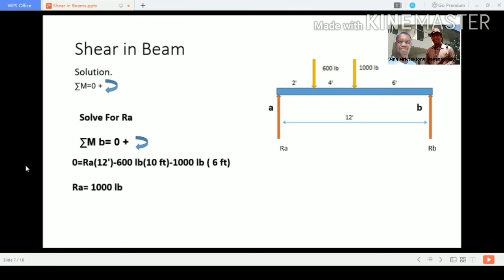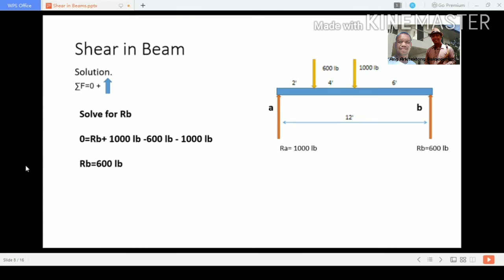Okay. So next, since we have now our RA, we can now solve our RB using the equation summation forces vertical is equal to 0, positive upward. So to solve for RB, 0 is equal to RB positive plus 1,000 pounds, again positive because the reaction is in upward direction.